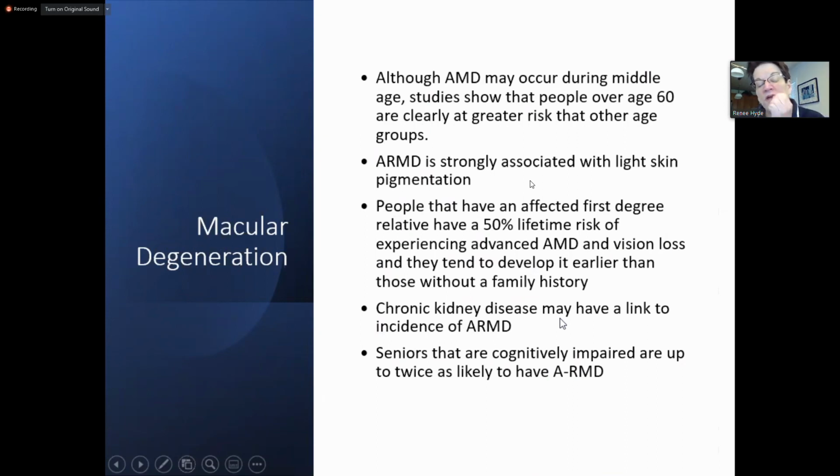And one of the things that we see is that seniors that are cognitively impaired are up to twice as likely to have that age-related macular degeneration. But one of the things they're wondering, is it the cognitive impairment that makes them more susceptible to having age-related macular degeneration? Or is it the age-related macular degeneration that makes them more susceptible to being cognitively impaired because of the decreased sensory input?